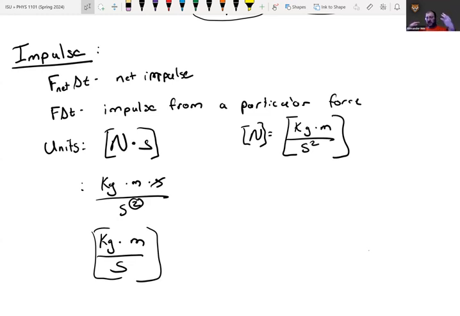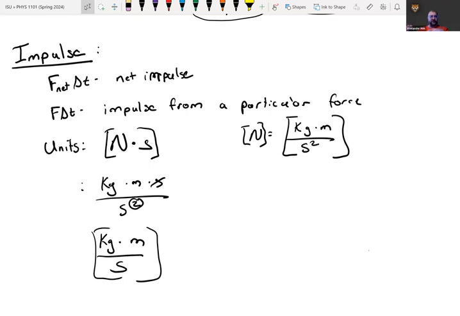You're going to have vastly different effects. And so that's what impulse is trying to do: group the relevant things that could affect how an object changes its motion, namely the force and the time over which it's applied.